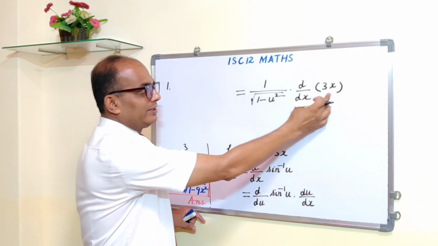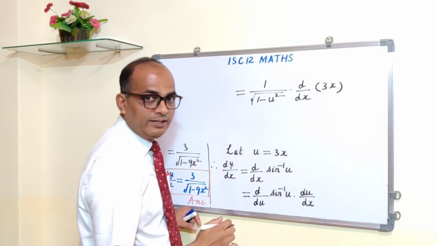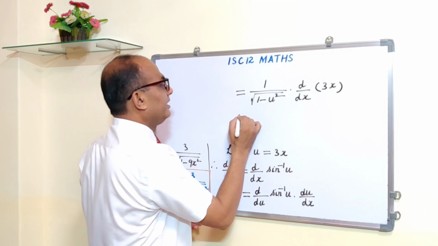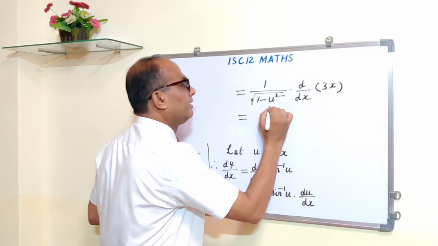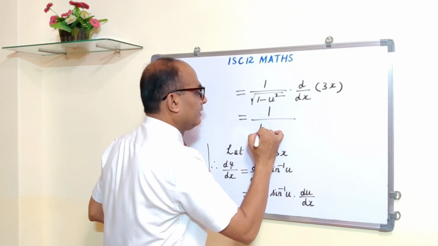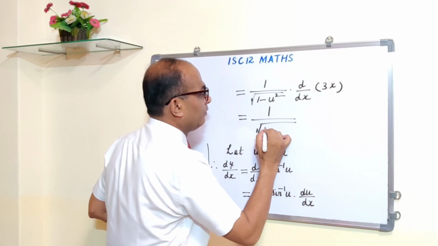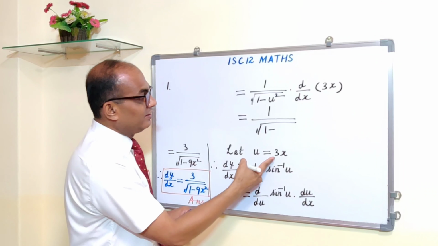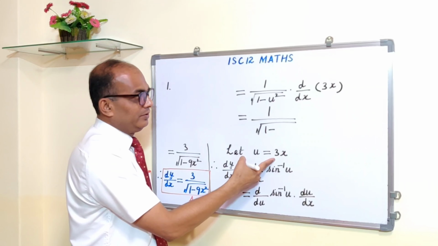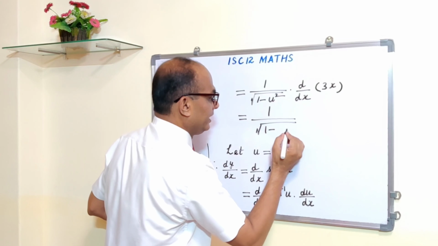Remember, I told you, you take 3 outside and then d dx of x will be 1. So then after that, we can write down 1 over 1 minus u. U is 3x, not 3. U is 3x. So in place of u, you can write down 3x.